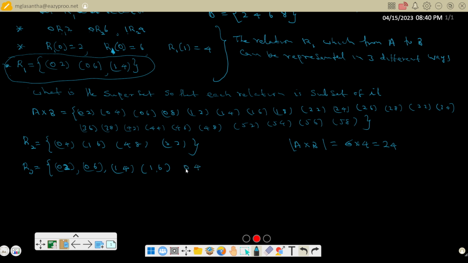If you take the same set of elements, then R2 and R3 are equal. Now these two are not equal, okay? 1, 4 is in R3, but 1, 4 is not in R2. So R2 and R3 are not equal, right? Okay.